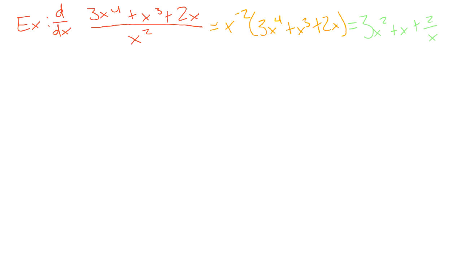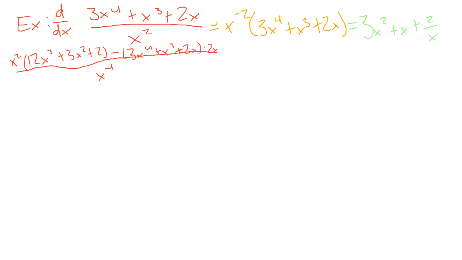We know that our bottom function is x squared, and the derivative of our top function is 12x cubed plus 3x squared plus 2, minus 3x to the 4th plus x cubed plus 2x, times 2x, all over x to the 4th. Let's see if we can eliminate anything here.